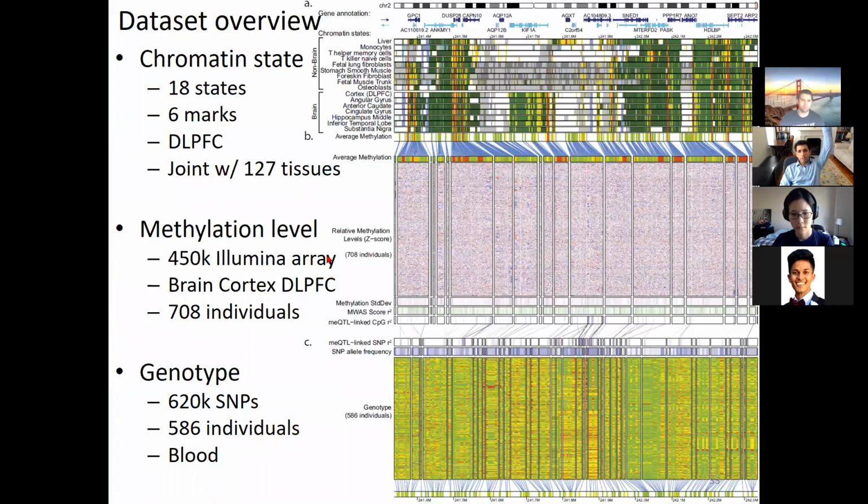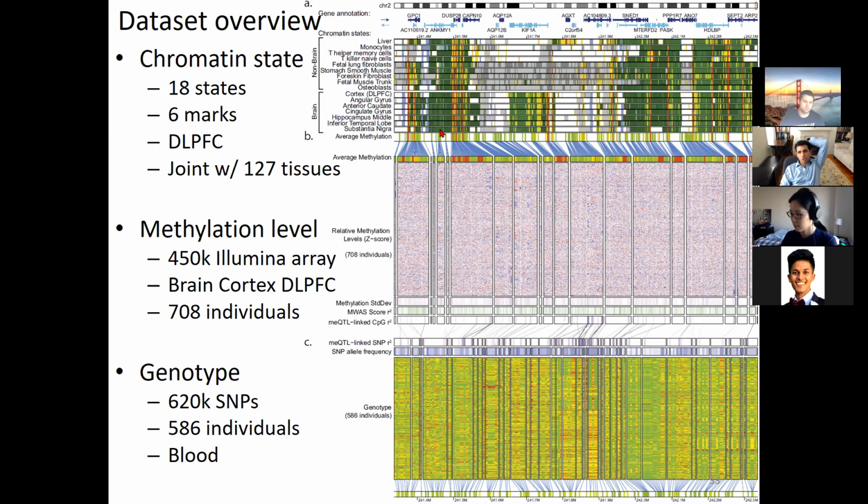Okay, so here's what the data looks like. You have brain regions, with hippocampus, for example, and cingulate gyrus and anterior caudate and so on and so forth. So you have multiple regions of the brain that you have chromatin state annotations for, as we saw in our epigenomics lecture.